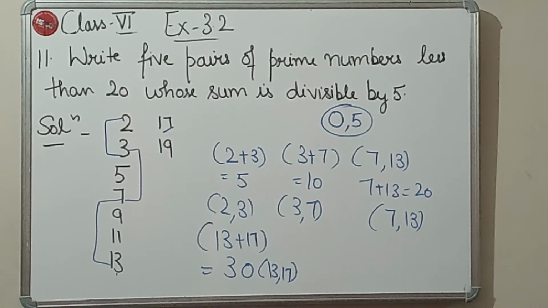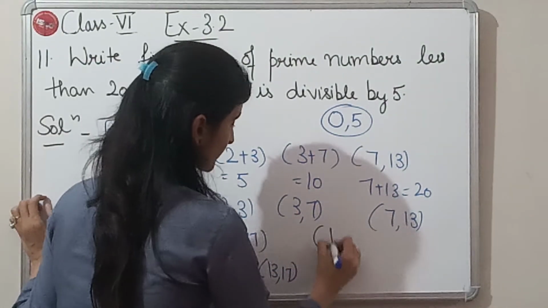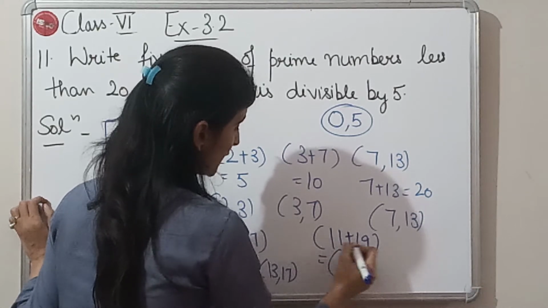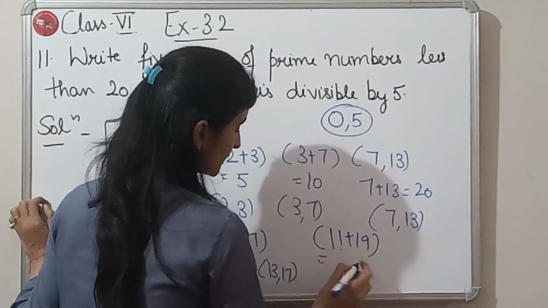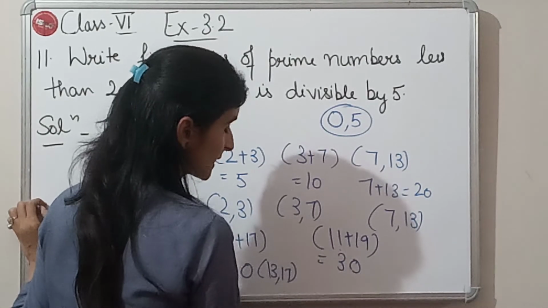Clear? After that, we have to take one more pair. So that pair will be 11 and 19. 11 plus 19 is equal to 9 plus 1, 10, 1 plus 1, 2, 2 and 1, 3. 11 plus 19 is again 30.